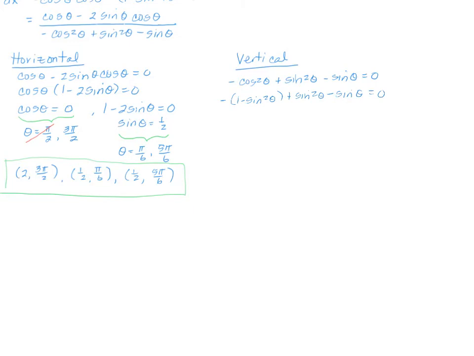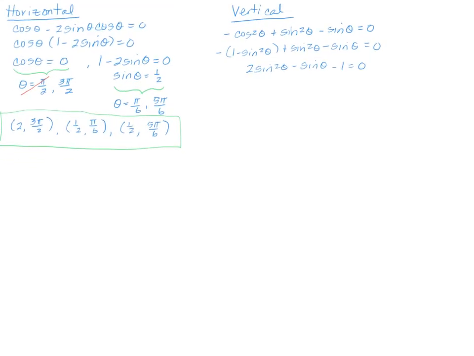And then getting rid of the parentheses and combining like terms, I should end up with 2 sine squared theta minus sine theta minus 1 equal to 0.